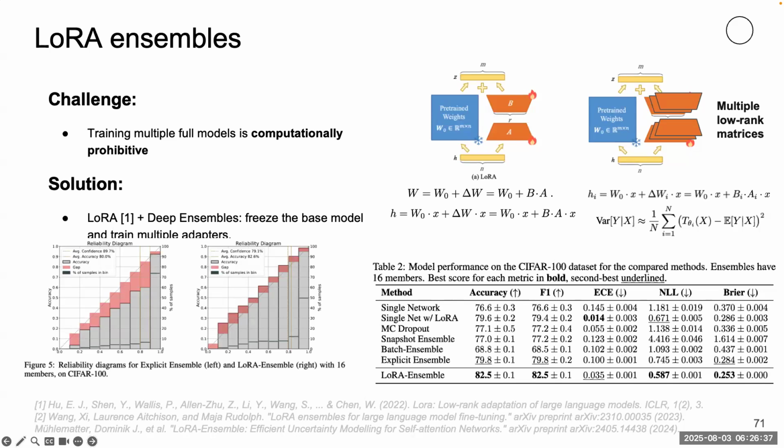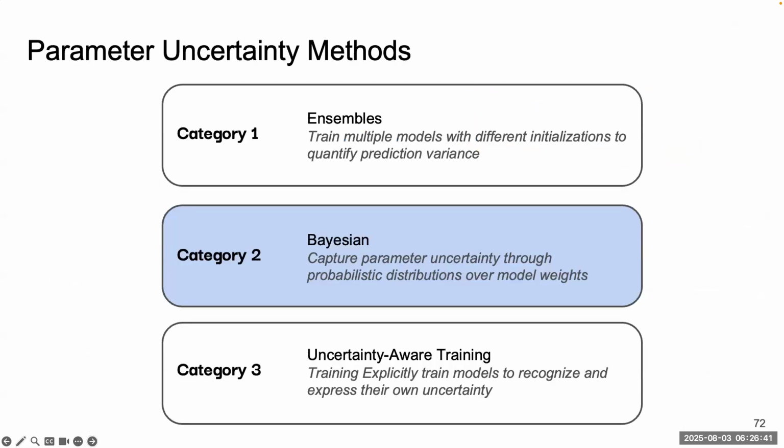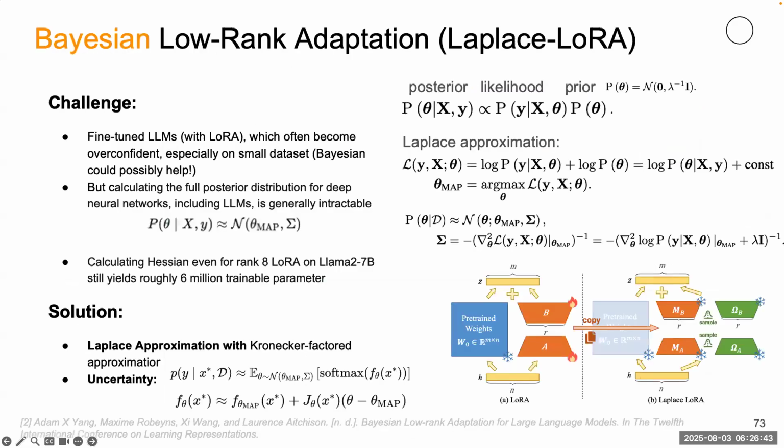Then people think, okay, how about I try a different way of doing an ensemble, the Bayesian ensemble. The challenge previously with LoRA is that when you do it on language, they found it's always overconfident because the model is too big and your sequence is very long, so the confidence is going to be propagating.